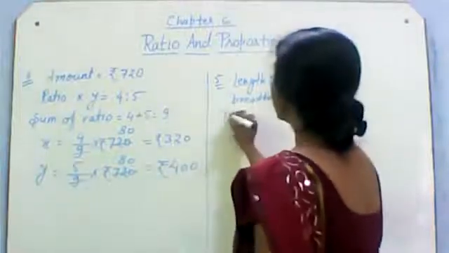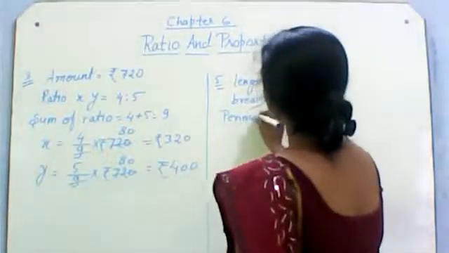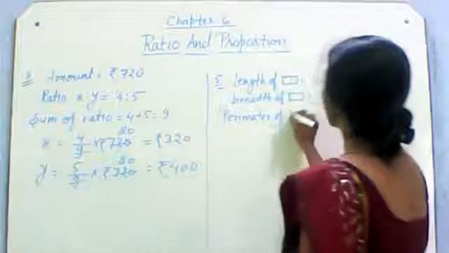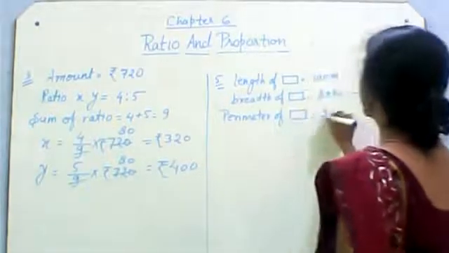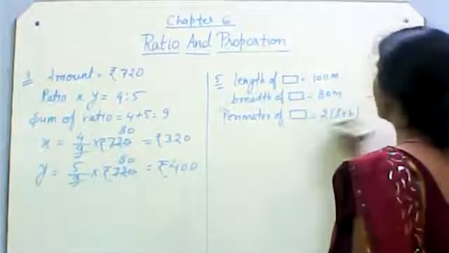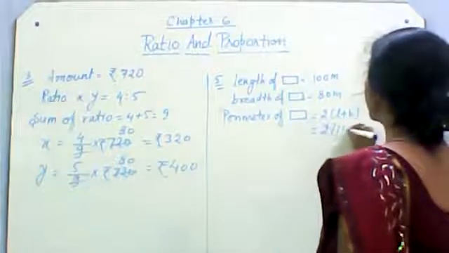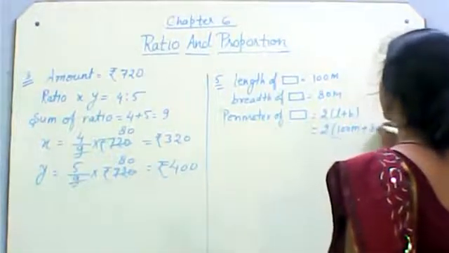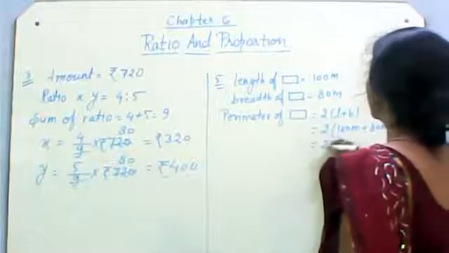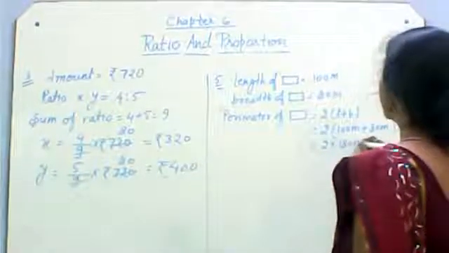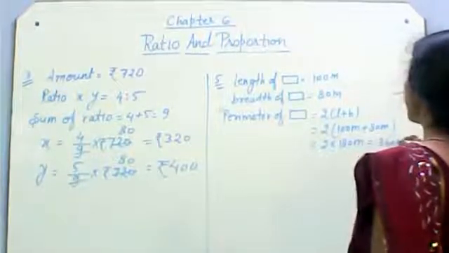So perimeter of rectangle is equal to 2 into (L plus B), 2 into (100 meter plus 80 meter) equal to 2 into 180 meter equal to 360 meter.